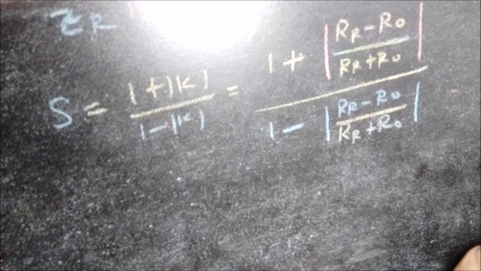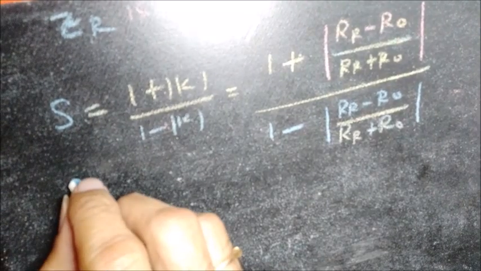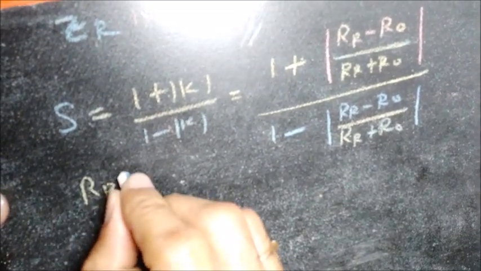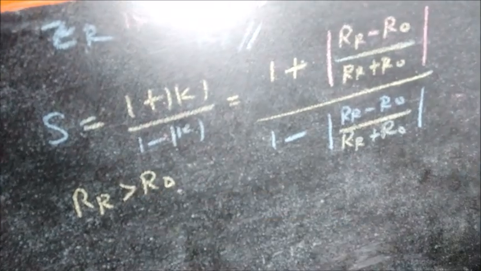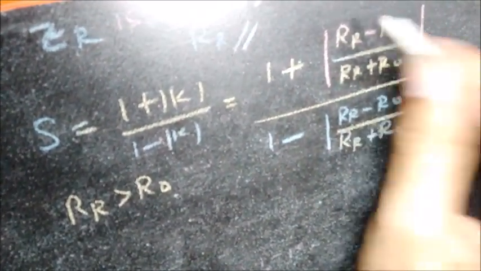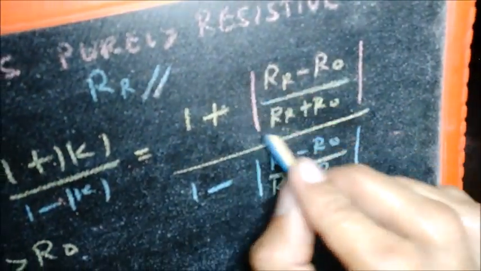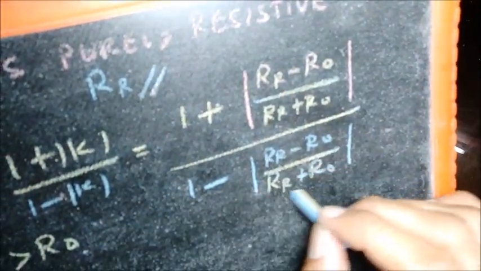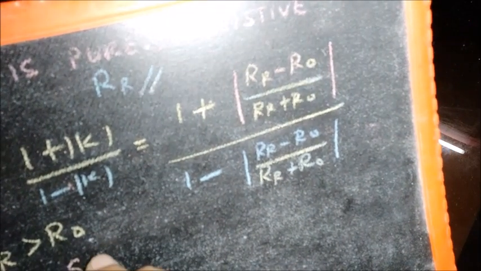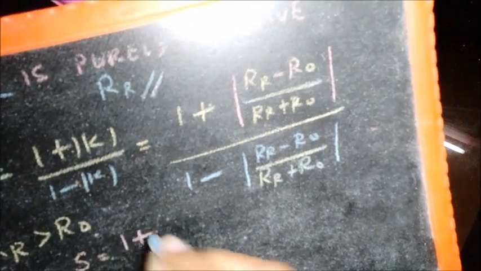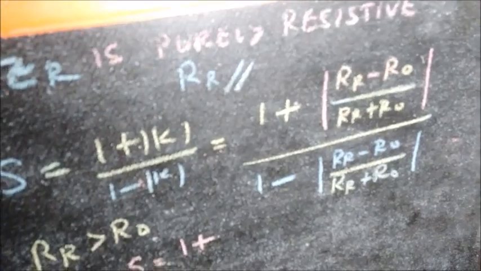Now there are two possibilities. The first one is RR greater than R naught. When RR is greater than R naught, this quantity over here will be a positive quantity. This will also be a positive quantity. So S becomes 1 plus the magnitude.